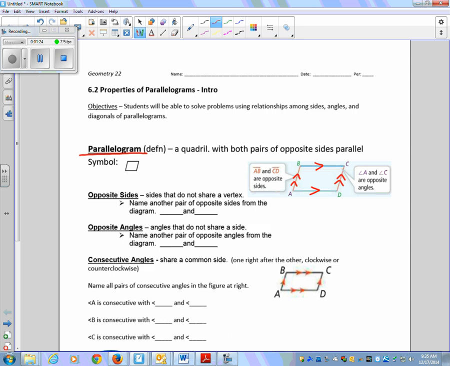Now, a lot of these definitions refer to the sides and the angles as opposite sides, consecutive angles, whatever. So we have to define what that means first. We probably intuitively know what opposite sides are here, but they tell you AB and CD are opposite sides.